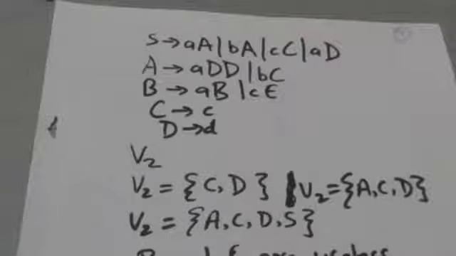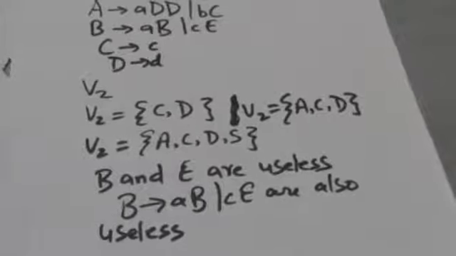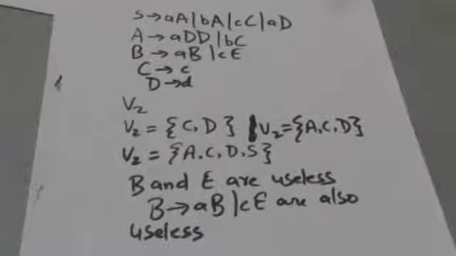Now V2 has four variables A, C, D and S. Now there is no variable left which can be added to set V2.